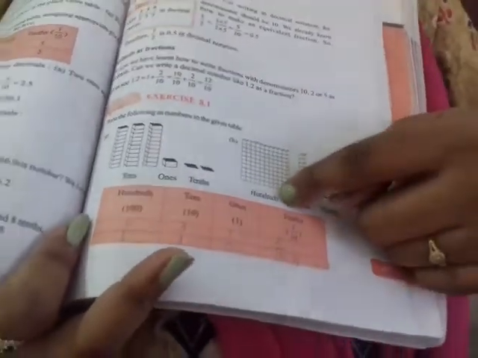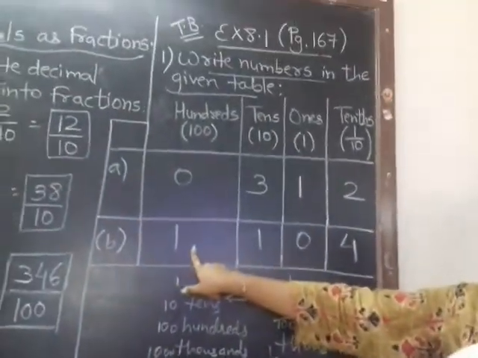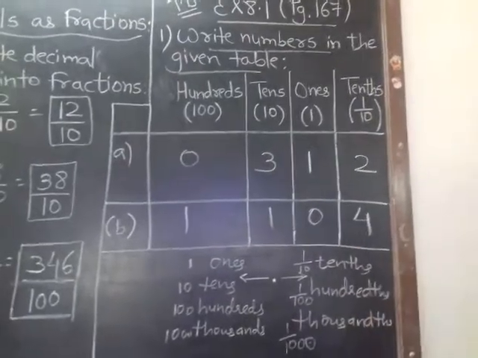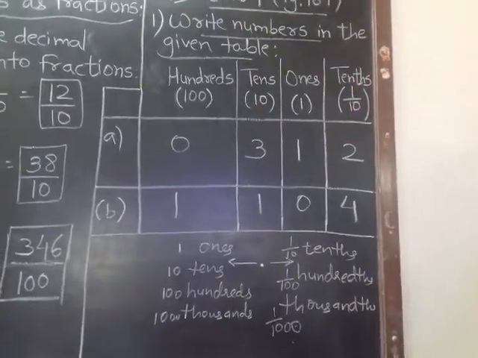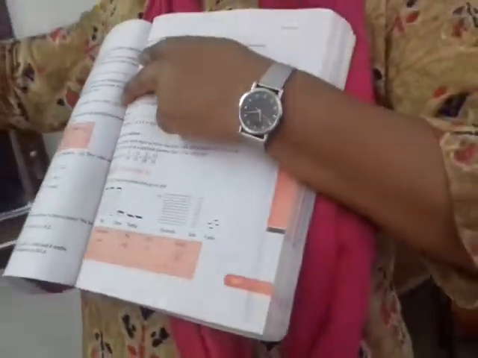Right? Similarly, in the B part, now they have given hundreds. In hundreds, the whole box is drawn. How many times? Only one time the whole box is given. So that 1 you will write in the 100 column of the place value table. Have they given tens? Yes. But how many pillars are given in tens? Again they have drawn 1.